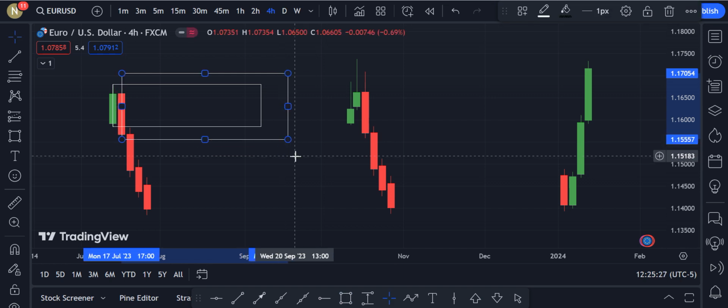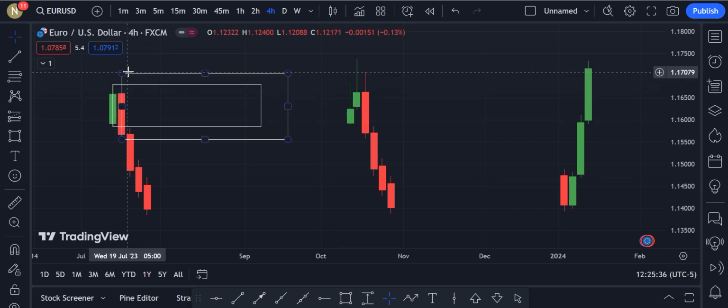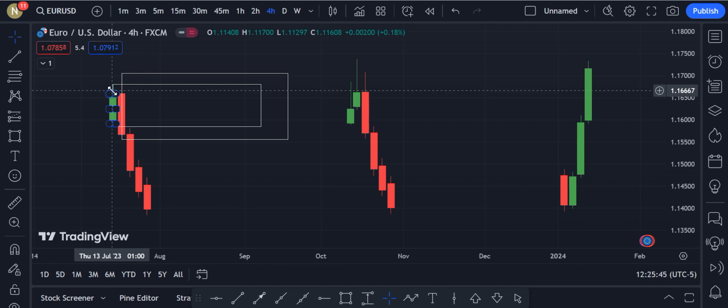Do you see that candle? Do you know why? Because this wick that crossed through this candle implied that this was the last buying candle. It grabbed liquidity, meaning it is a valid order block, not this one.